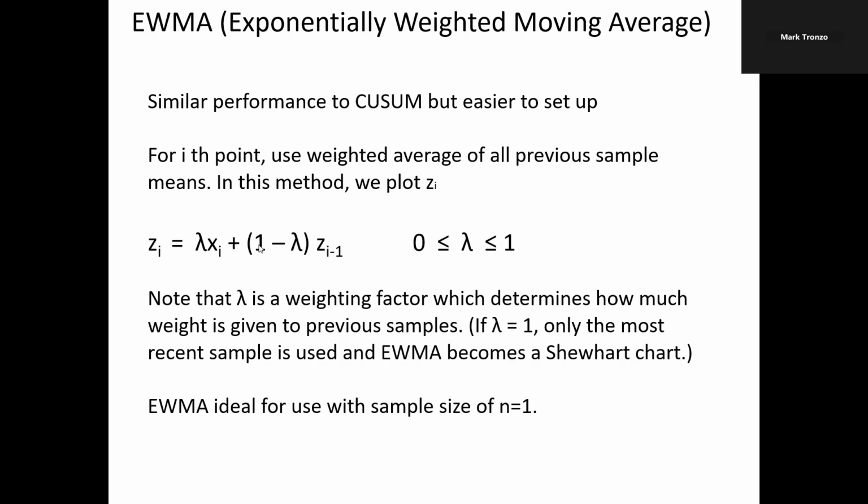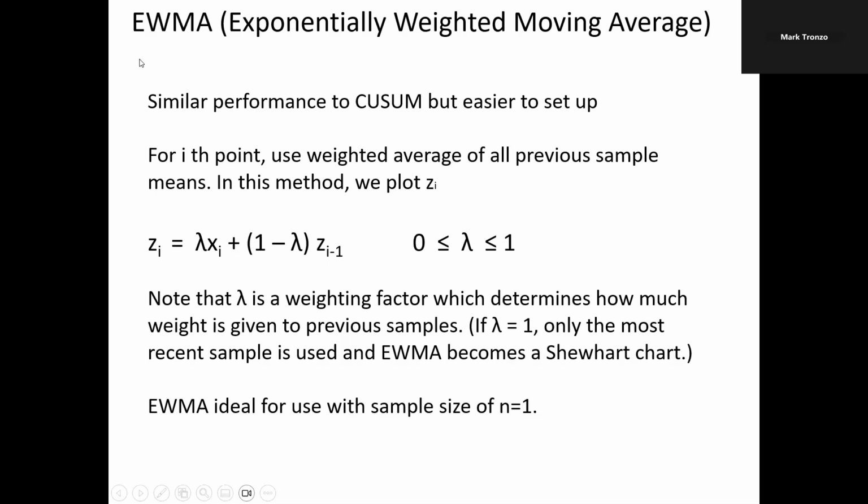Notice if lambda is 1, this 1 minus lambda goes away, and so you're not taking into account anything that happened previously. If you make lambda small, then the previous samples would have much more weight. But again, Zi takes into account the current sample plus some influence by the previous samples.